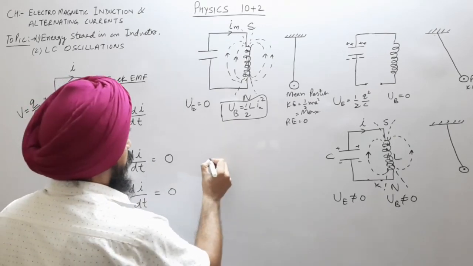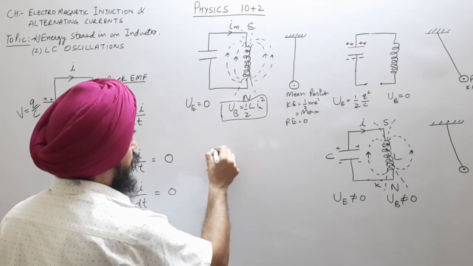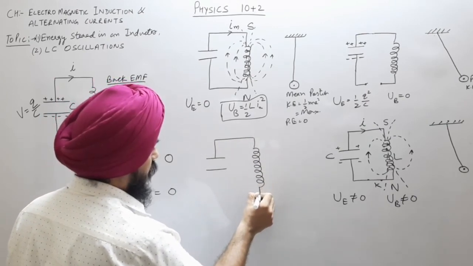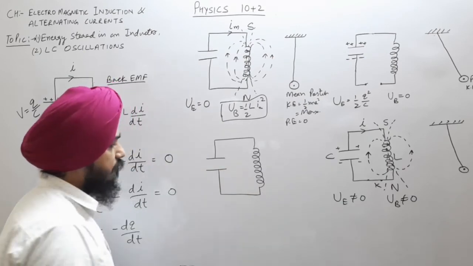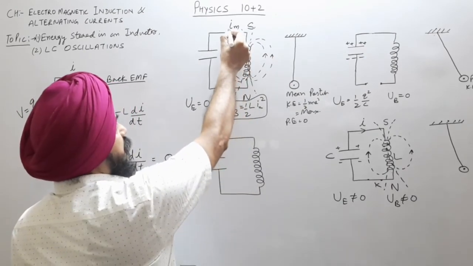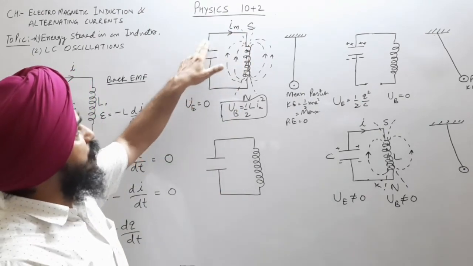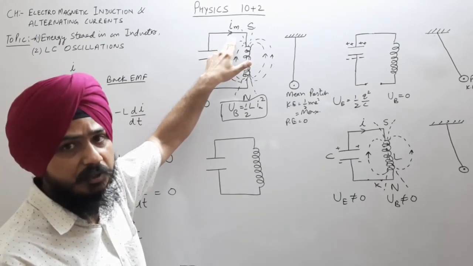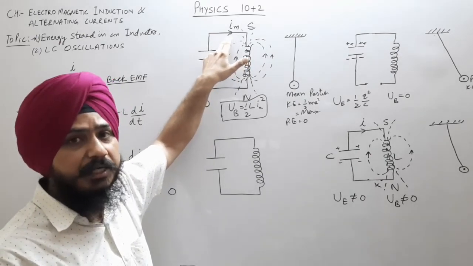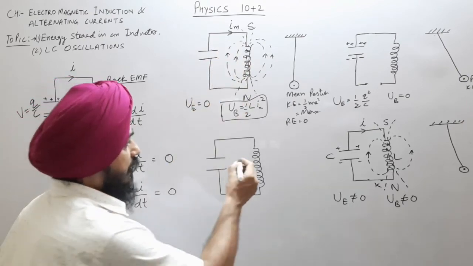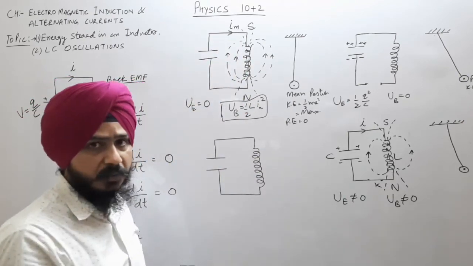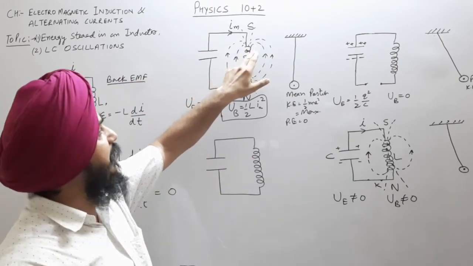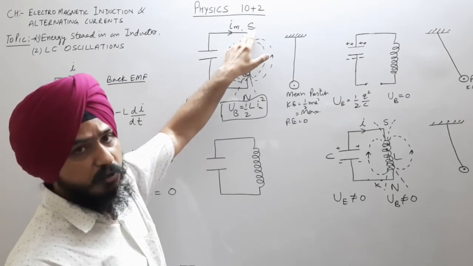Now at the next stage, what is going to happen is very interesting. As the whole of the charge has moved to the inductor already, the current grows to its maximum value. It stopped increasing further, so back EMF starts to grow. Back EMF, according to Lenz's law, grows so much that it wants this south pole to be more strong.